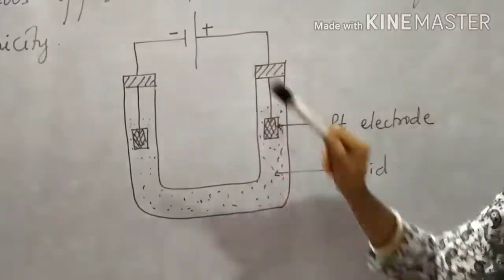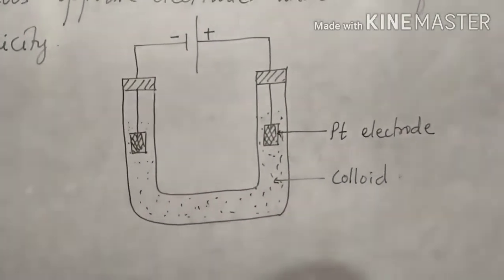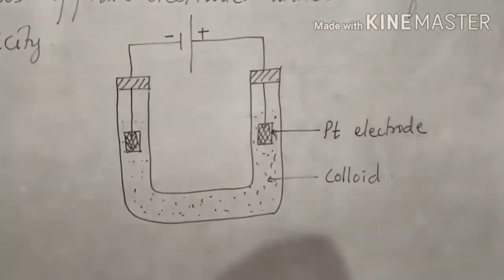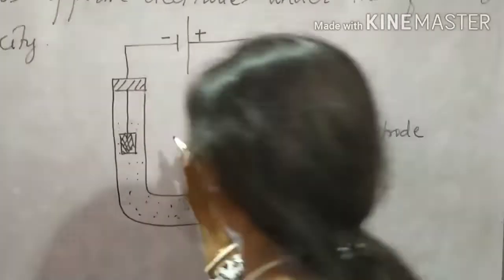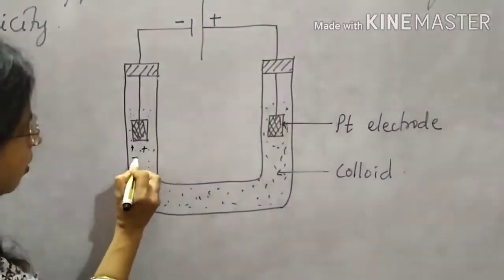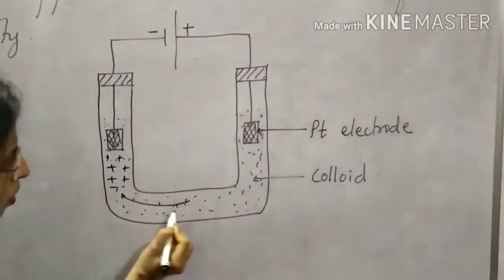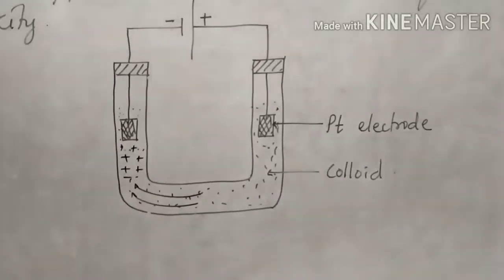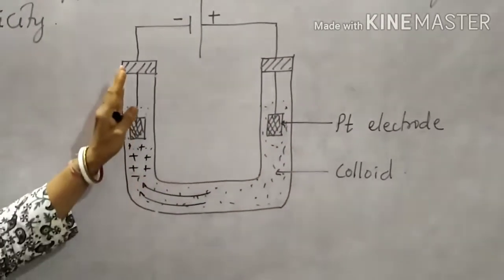On passing electricity, depending on the charge of the colloidal particle, अगर colloidal particle positive हुआ और हम electricity pass कर रहे हैं, then all the positive colloidal particles will move towards the cathode. यहाँ का density इधर move होना start हो जाएगा. Then we can detect. यहाँ का density कम हो जाएगा, यहाँ का density ज़्यादा हो जाएगा.